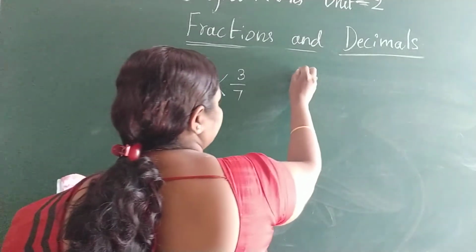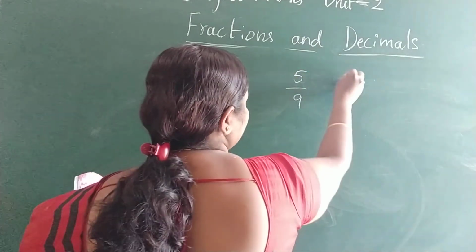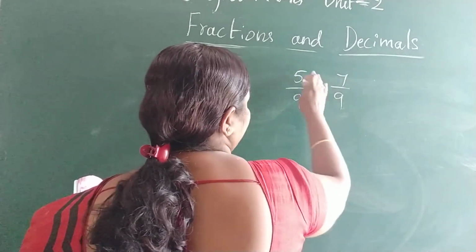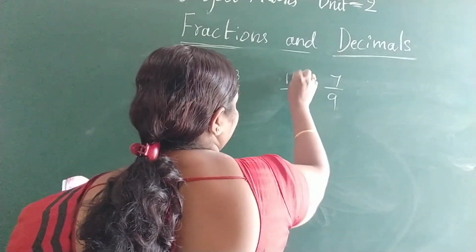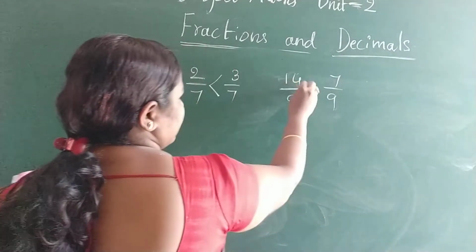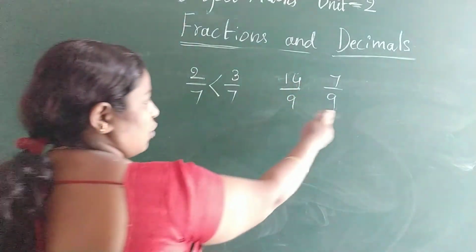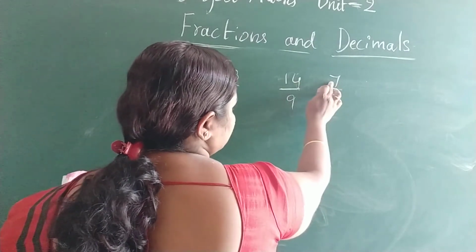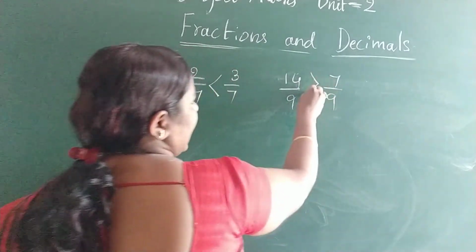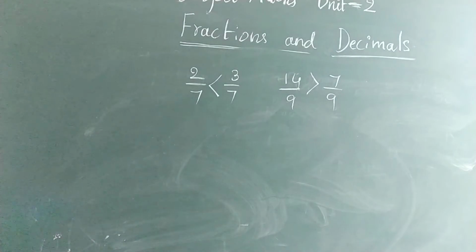One more example: 5 by 9, 7 by 9, 14 by 9. Now the denominators are the same, so you only compare the numerators. Whichever is bigger, that fraction is bigger.